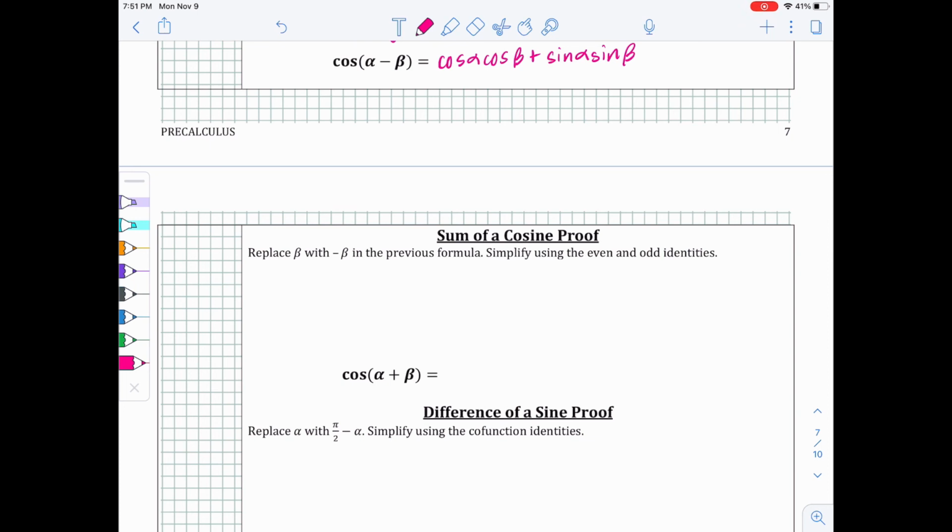And so what we're going to do now is go to the sum of cosines and prove that. So we're going to take what we just finished proving, and everywhere we see a beta, we're going to replace it with a negative beta, and then use our even and odd identities to simplify that.